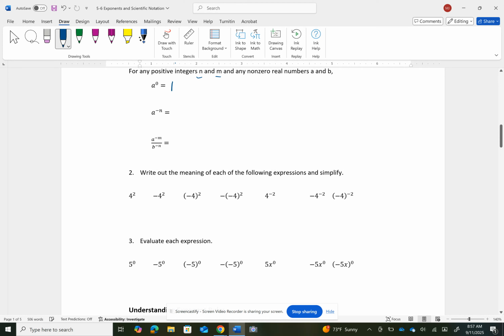Okay. So this case where 0 to the 0 power, that is indeterminate. But any other thing raised to the 0 power equals 1.